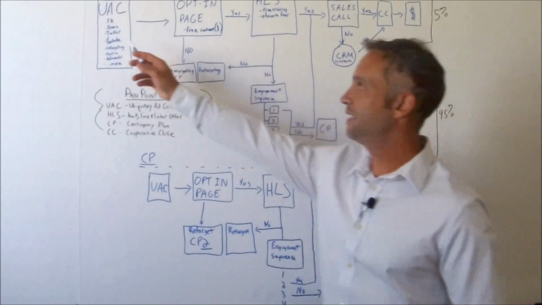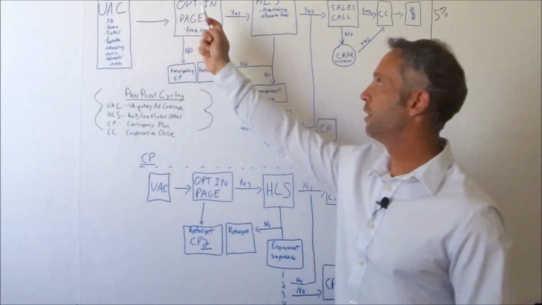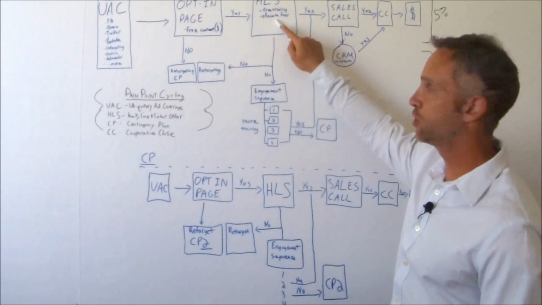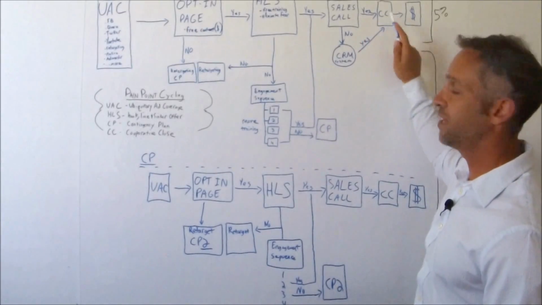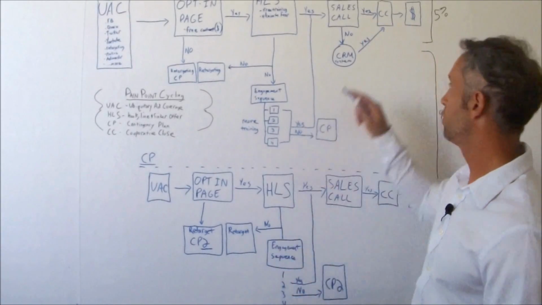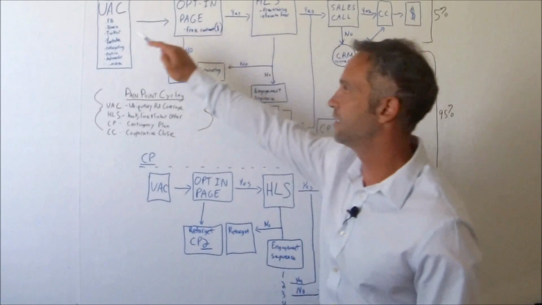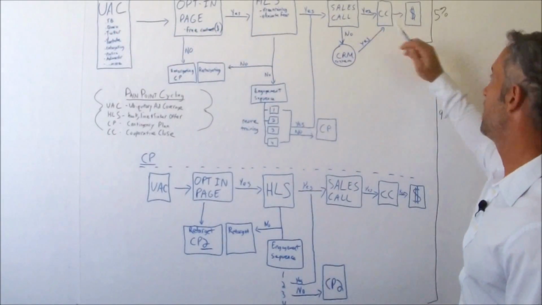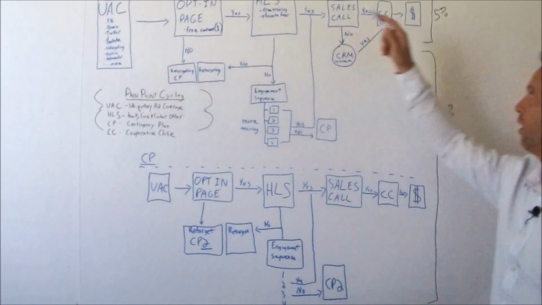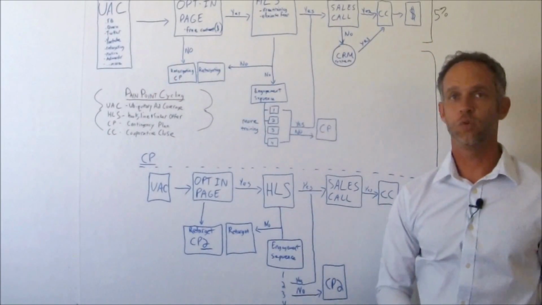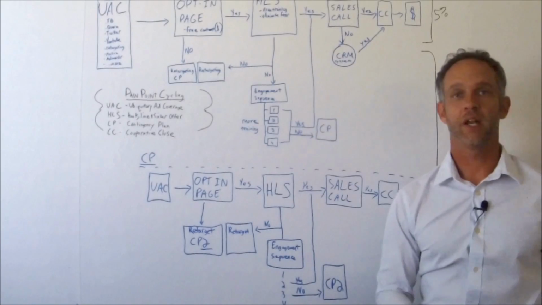Now, in an ideal scenario, they click your ad, they go to an opt-in page, you give them the free training, they love what you have to say, they go to a sales call, you use a tactic of cooperative close, and then you sell them. All those yeses, that's your ideal client, and that should represent about 5% from clicking on your ad all the way to collecting your money, signing a contract.